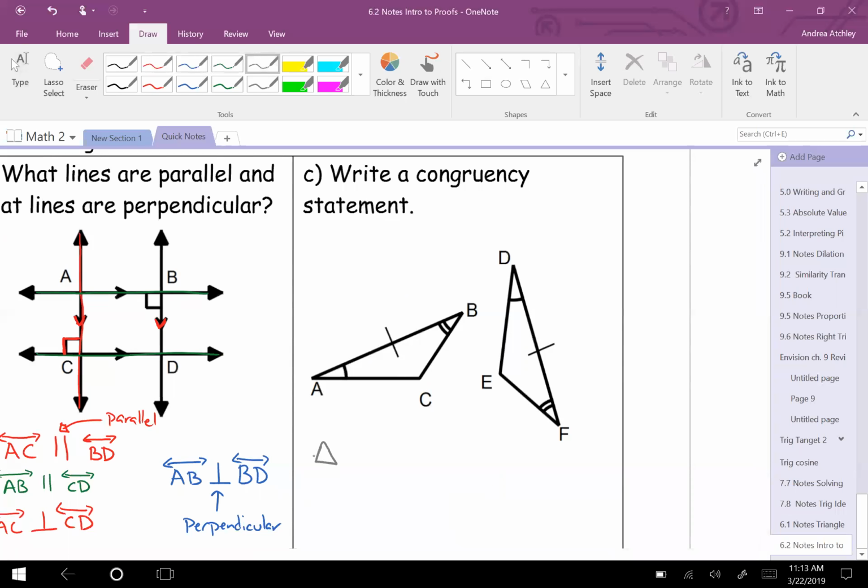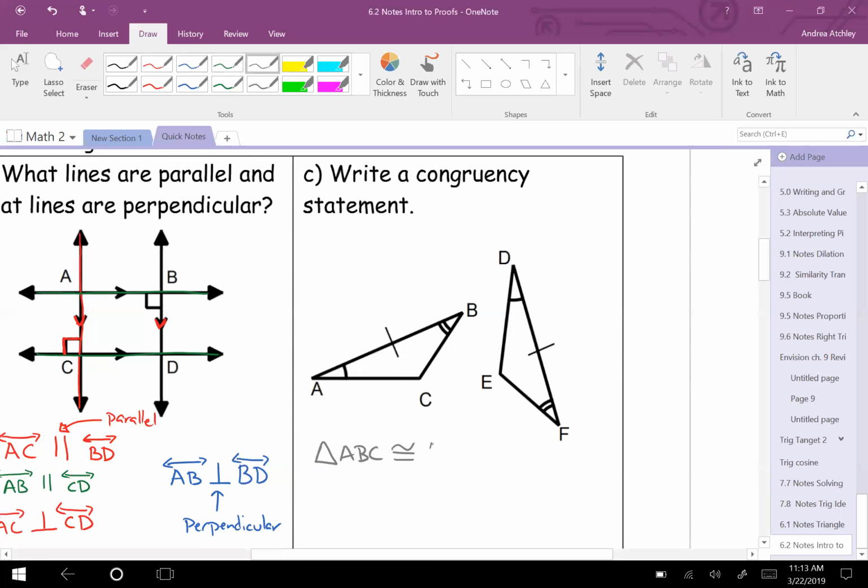Triangle what? Use the letters that are involved in it. Okay, ABC. Triangle ABC. This is your congruency mark. The equal sign with the little squiggly line over it means congruent.